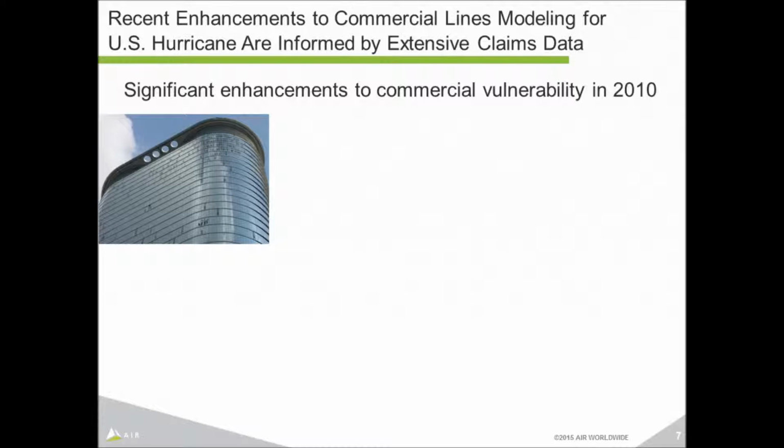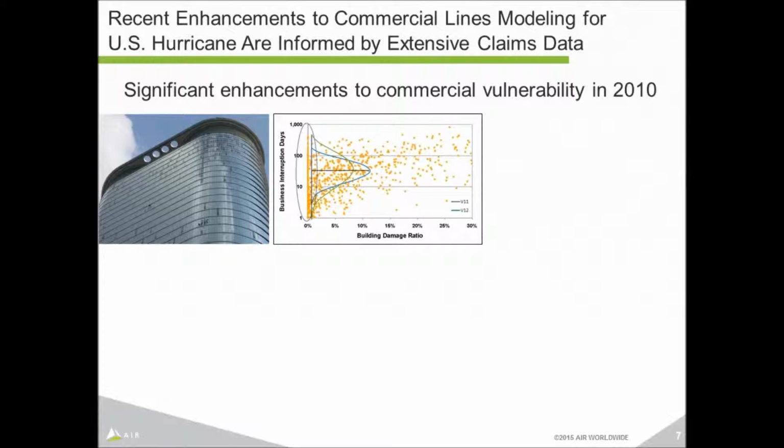First, we enhanced the handling of commercial vulnerability for engineered structures, such as steel and reinforced concrete buildings, by better capturing damage to non-structural elements such as windows, exterior fixtures, and the roof system, as well as damage to contents.